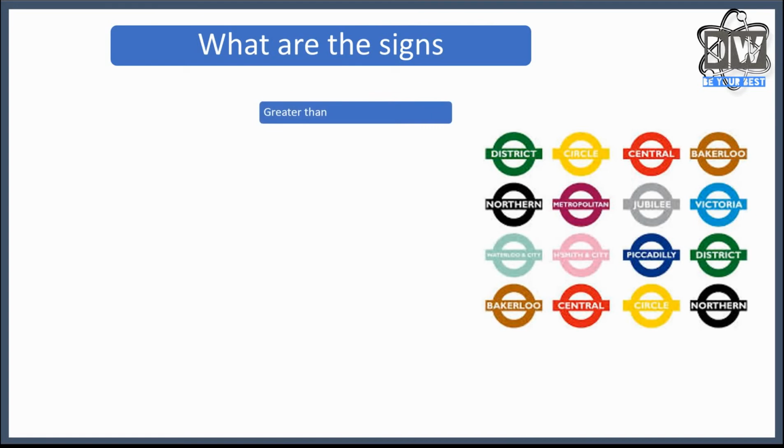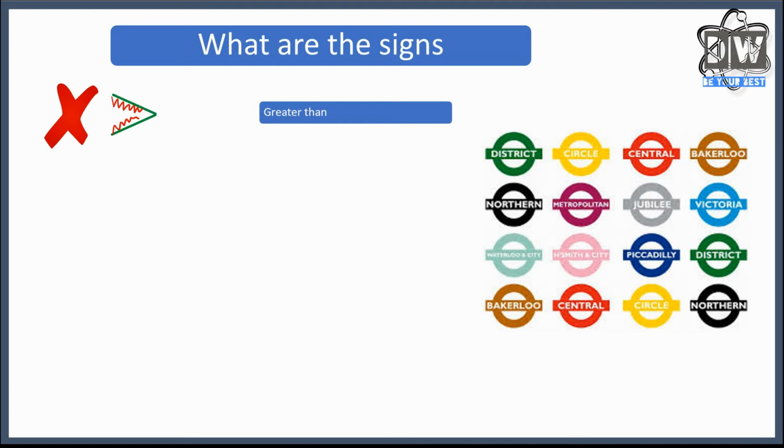Like the underground, we have a whole bunch of signs that tell us information that we need to know. Greater than. So we're going to use X. So X is greater than. When I was young, I remembered this because it's like a crocodile's jaws, and obviously the crocodile wants to eat the bigger number, or the bigger item.